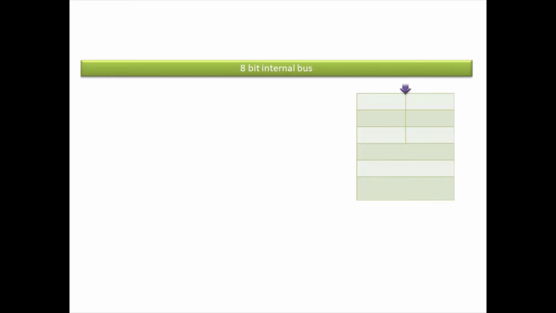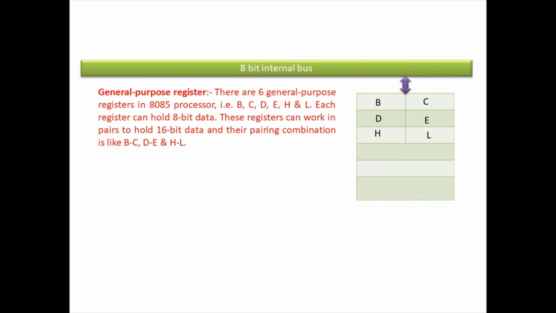Now let us discuss the register pair. This block is for the register pair. It has 6 general purpose registers: B register, C register, D register, E register, H register, L register. Individually, we can access them as 8-bit registers.